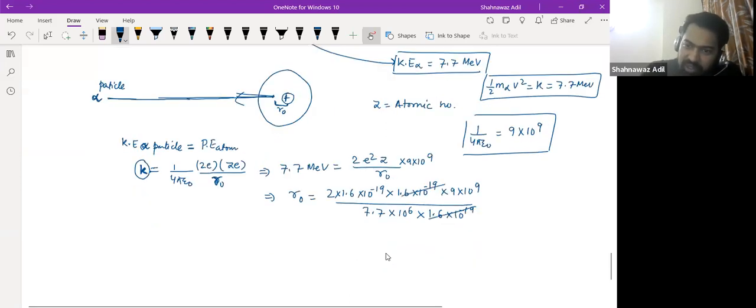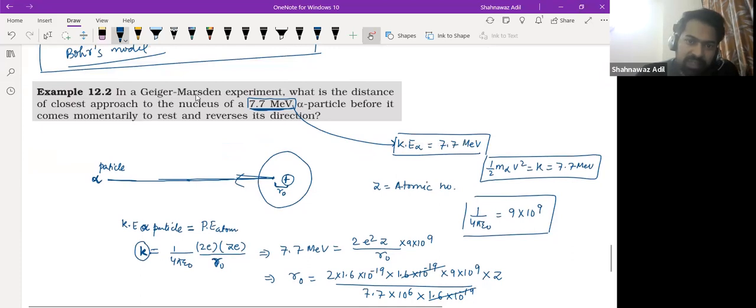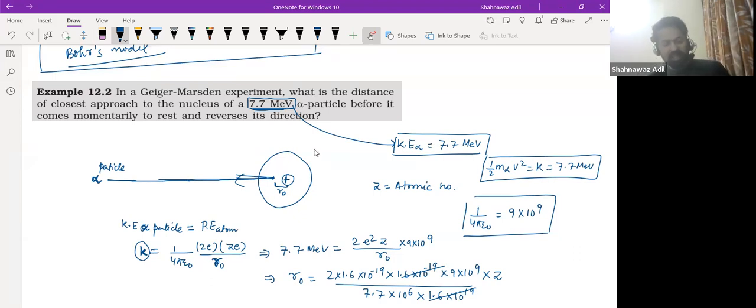And there is also this Z. In the Geiger-Marsden experiment, what was this atom? On what atom did they experiment? Hydrogen?